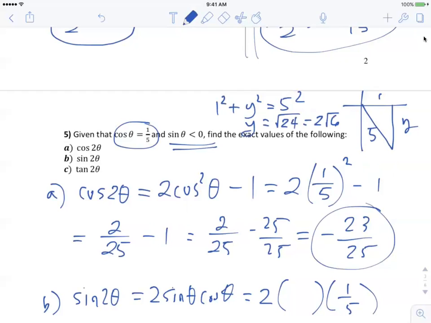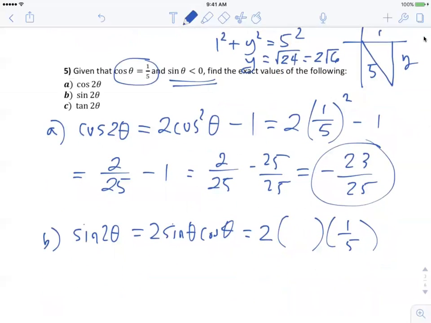So the sine is 2 root 6 over 5, y over r. So that's what I'm going to put here, 2 root 6 over, not 4, 5. The hypotenuse is 5. So that's y over r, which is the sine. And now simplify this, and we've got our answer. So 2 times 2 is 4, so we have 4 root 6 all over 25. 5 times 5, 25.